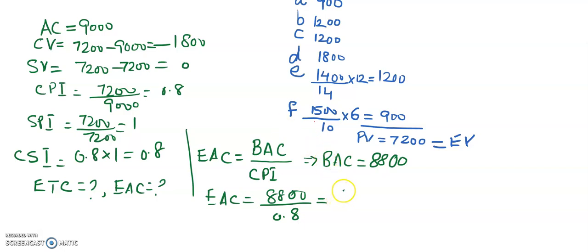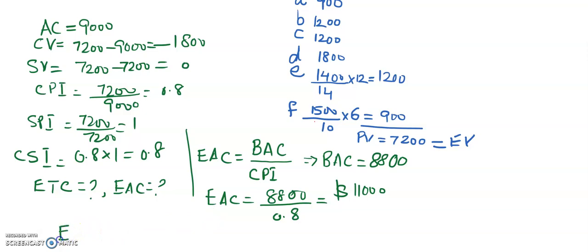It simply means that the project, which was initially planned to be completed in $8,800, is now expected to complete in $11,000. So this is the estimated cost at completion.